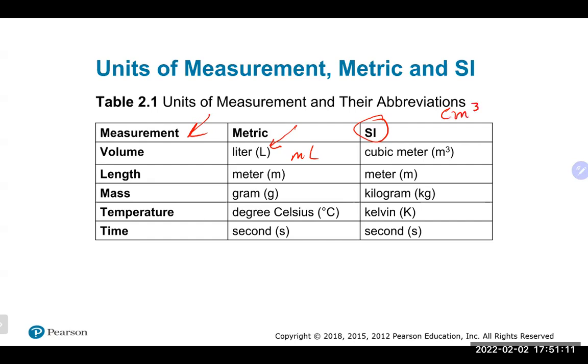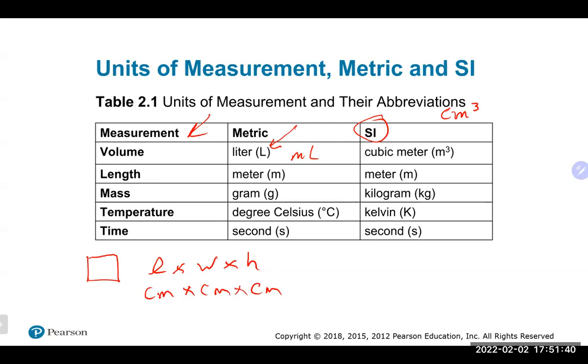Now, how do we get a volume that's a cubic centimeter? It's actually taken from 3 different length measurements. Centimeters are length measurements. If you have something like a cube, and you measure the length times the width times the height, and you measure each of these in centimeters, each of the individual measurements represents length.